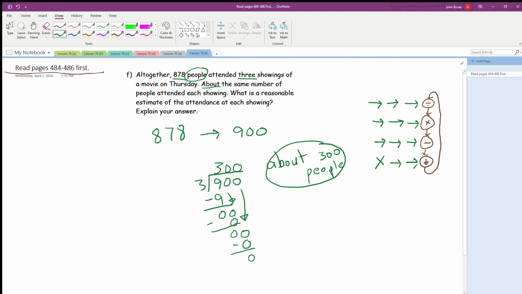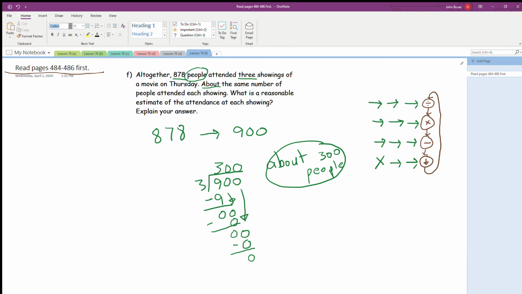It says explain your answer. So I think that we could probably do that by saying, I'm going to see if I can go ahead and put some text over here. So I'm going to explain. Let's go ahead and make this an interesting font that you guys can see. All right. I rounded 878 to 900.